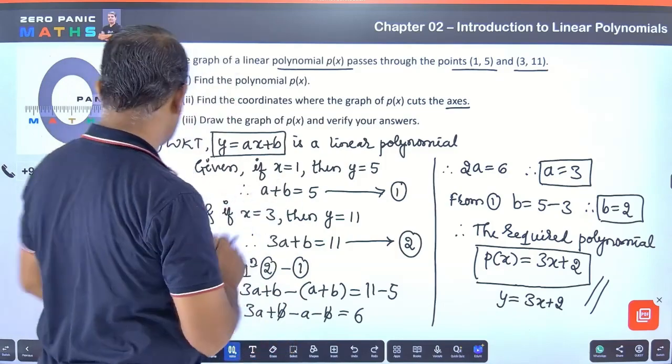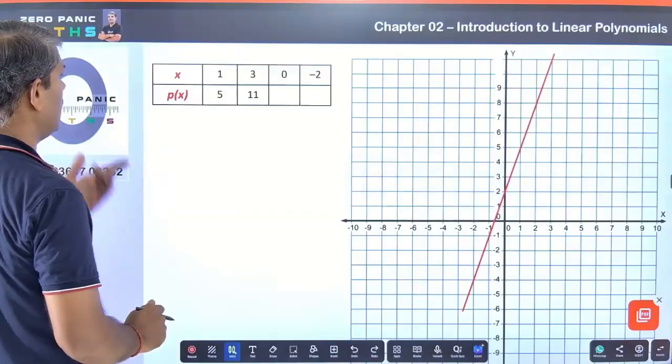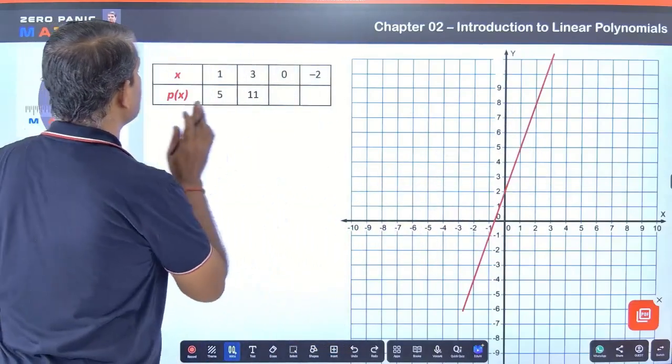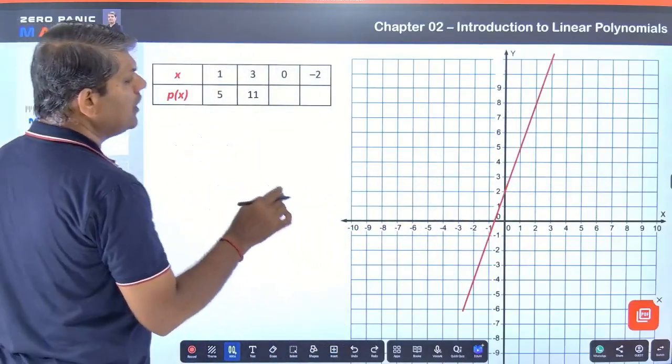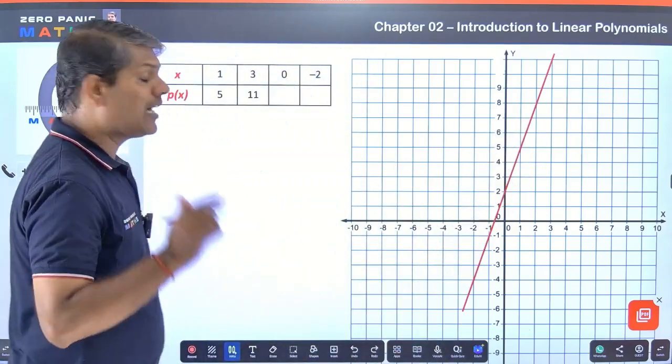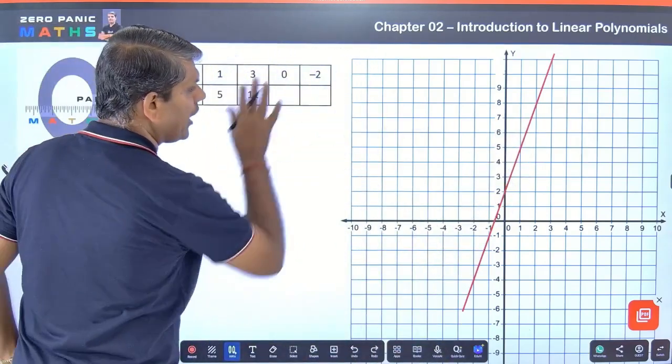Let us do that in the next slide. Now this is the graph I have already plotted, but let me first calculate the points where the y-axis and x-axis are cut. So don't look at the graph now.